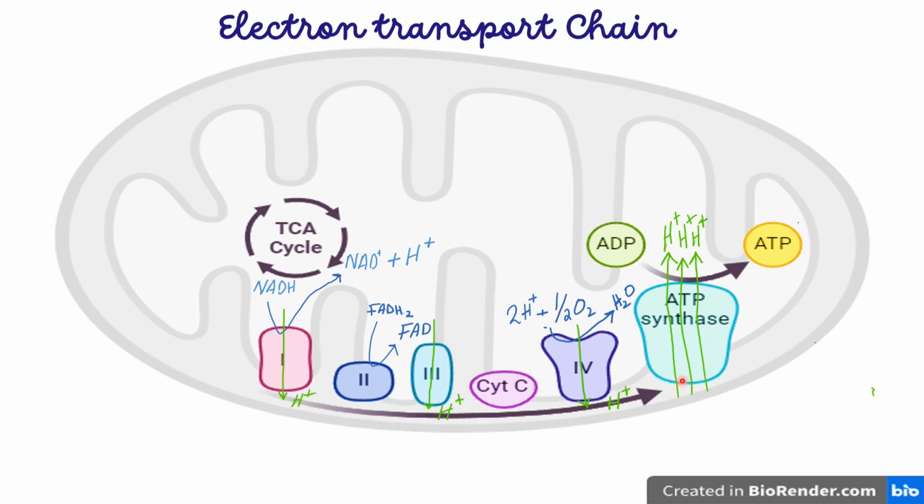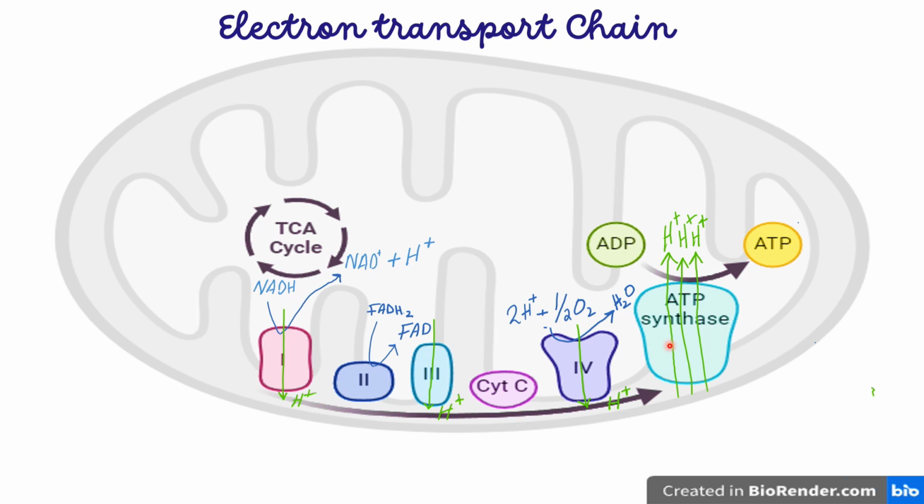synthase. So that's a major enzyme that gives the mitochondria the name of a powerhouse. So these hydrogen ions which were pumped out into the intermembrane space of the mitochondria will then pump back inside the mitochondrial matrix through the ATP synthase, and then an ADP molecule will be phosphorylated into an ATP molecule.